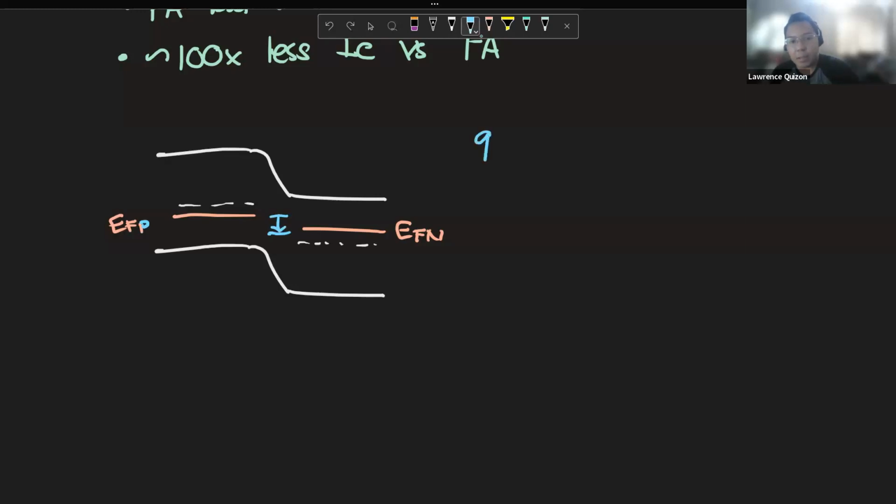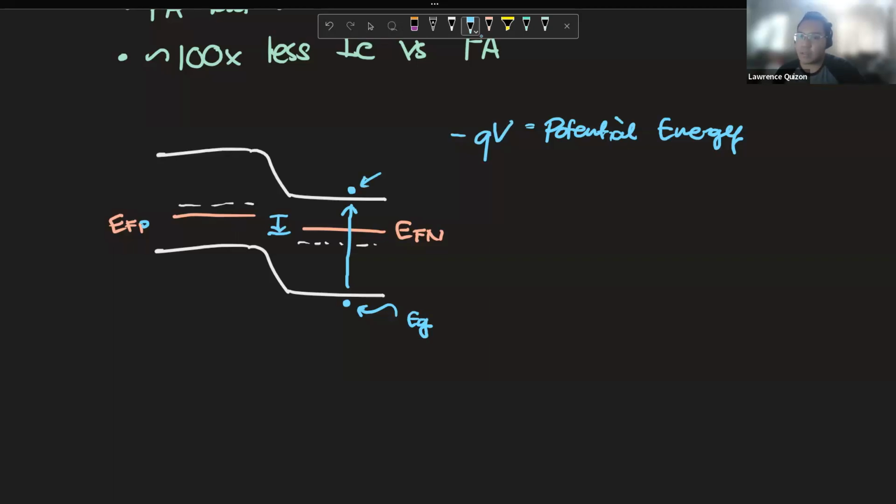Now, a fact that we know is that negative QV is equal to potential energy. No? And we knew that if you promote an electron from down here, it jumps up here. But if you give it just enough energy, which is equal to the band gap, then it's stuck here, right? It doesn't have kinetic energy.